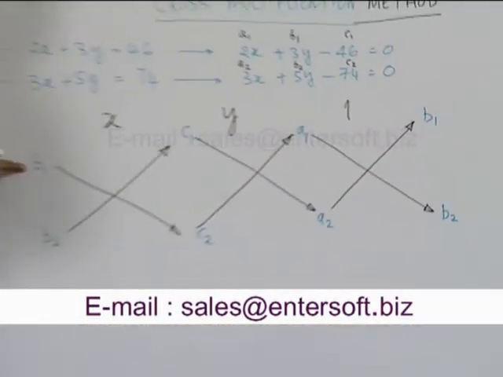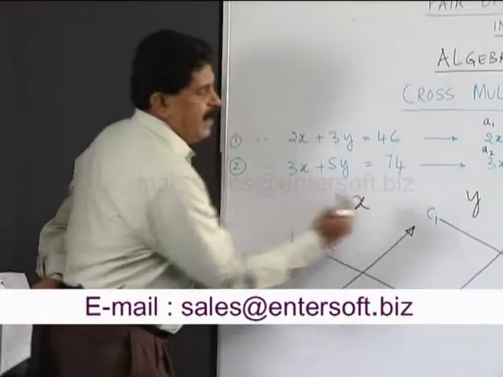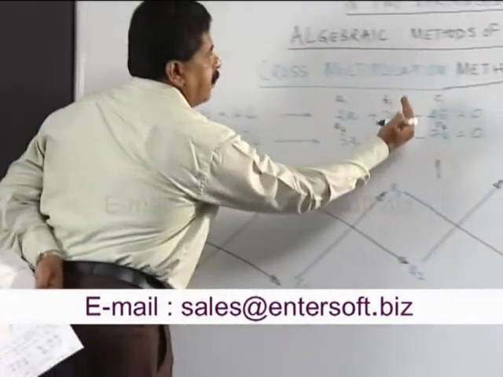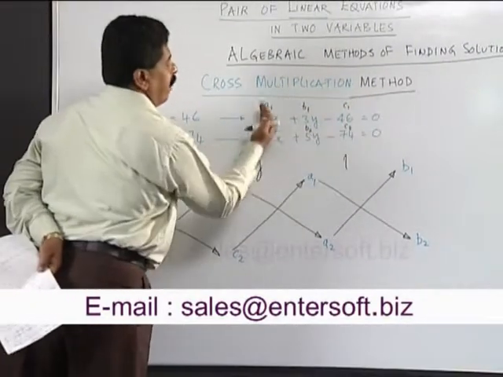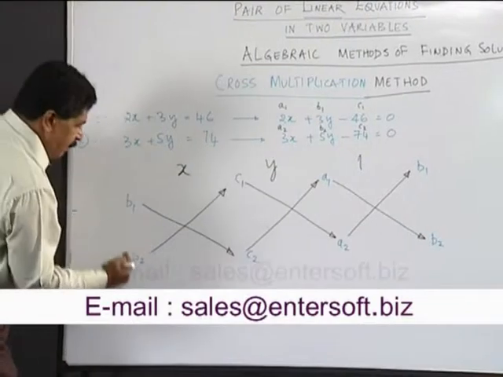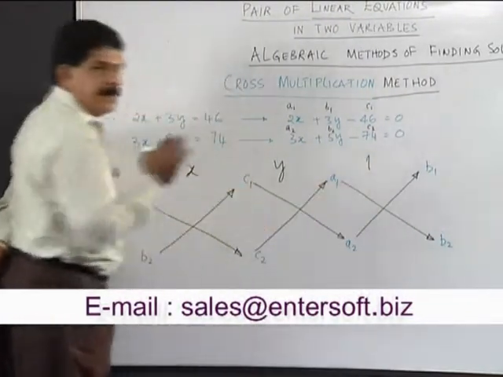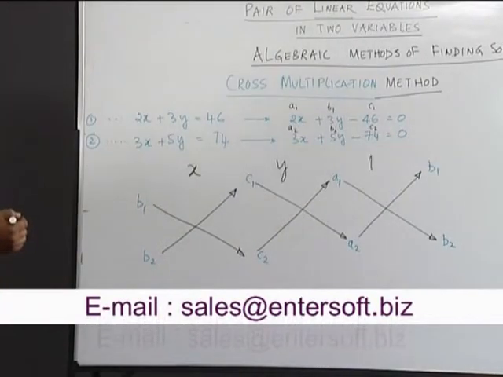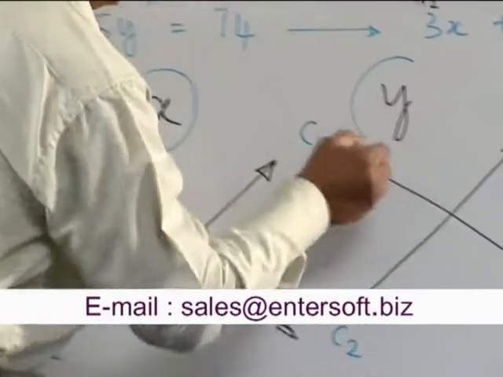You start with coefficient b, write b1, b2. After b it is c1, c2, then a1, a2, then b1, b2, and you end it here. So this is the cross for x, for y, and for the constant.